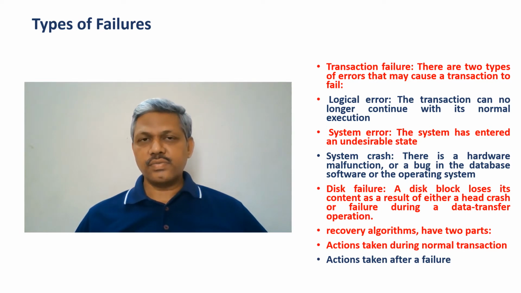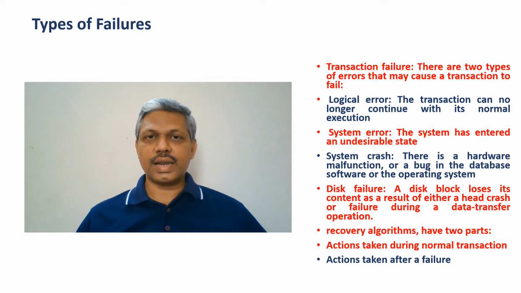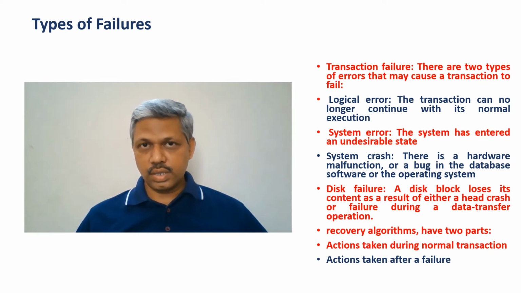And the system error, where the logical failure is not there but there is a deadlock, can be treated as a system failure. The two transactions are tangled in a deadlock. That is an undesirable situation. The transaction, however, can be re-executed in these two cases.